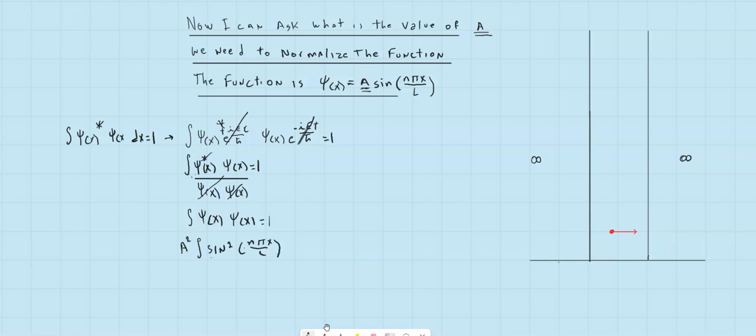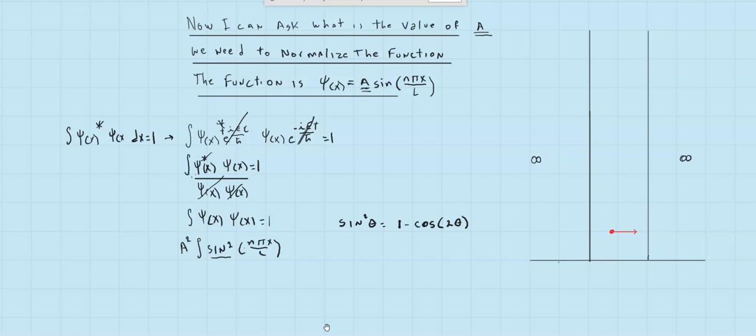To work this integral right here, we have a trig identity that says sine squared theta is equal to 1 minus cosine 2 theta, over 2. Well, if we use this, we can say that the integral, right?